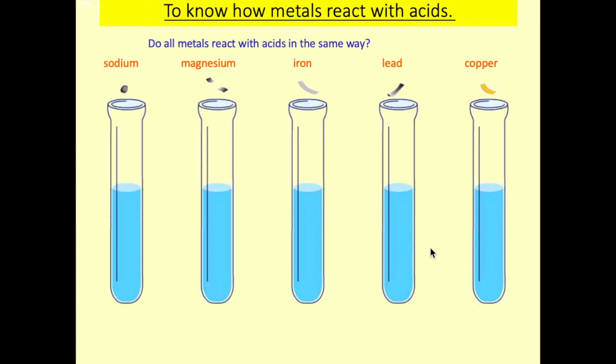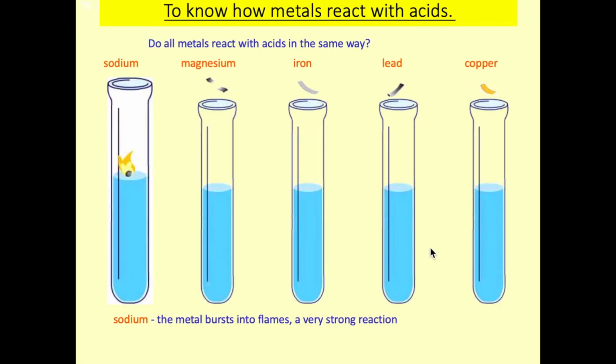So we can use this animation to have a look at how different metals react with acids. We should already have a rough idea that the different metals are going to react differently due to their different reactivity, as we've looked at metal reactivity in our previous topic. So firstly, reacting sodium with the acid, we would see that it would burst into flames in a very strong reaction.